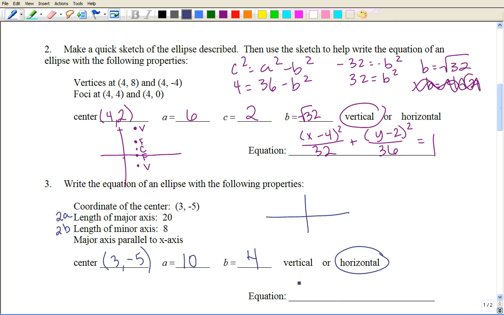So for the equation, we have x minus the x value of our center, so x minus 3 squared, and y minus the y value of the center, so y minus negative 5 is y plus 5 squared, always equal to 1. It's horizontal, therefore a squared will go first. So 10 squared we get 100, and 4 squared we get 16. And there's the equation of this ellipse.